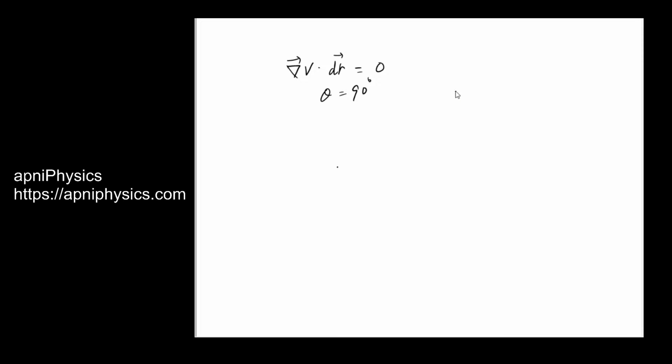When theta is 90 degrees, the scalar product will be equal to 0, and it means that del operator V and this dr are at 90 degrees. So if suppose this is the point P and this one is the point Q, and you are saying that potential is changing in this direction, this direction will be of del operator V, and now if you see there is a small element here, that will be the direction of dr. So the angle in between these two is 90 degrees right now.